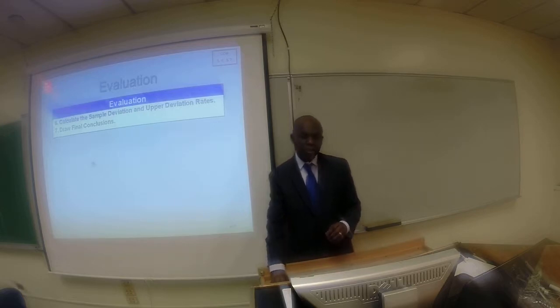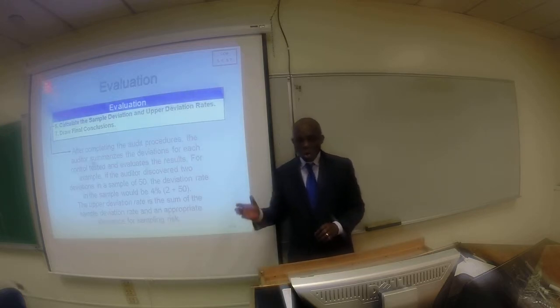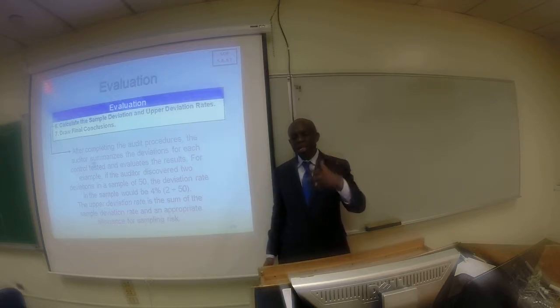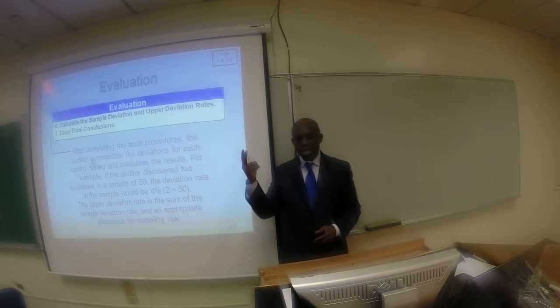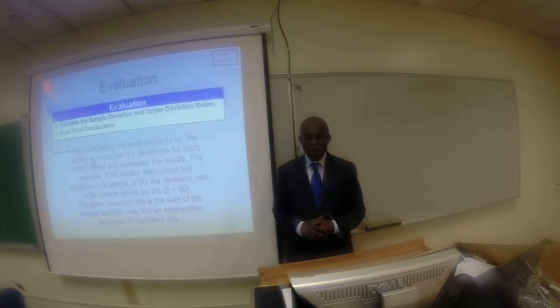If you take a look at the previous slide, we already determined the deviation rate based on this sample. There were 2 deviations and the sample size was 50. Divide 2 by 50, we come up with 4%. So that is the deviation rate.